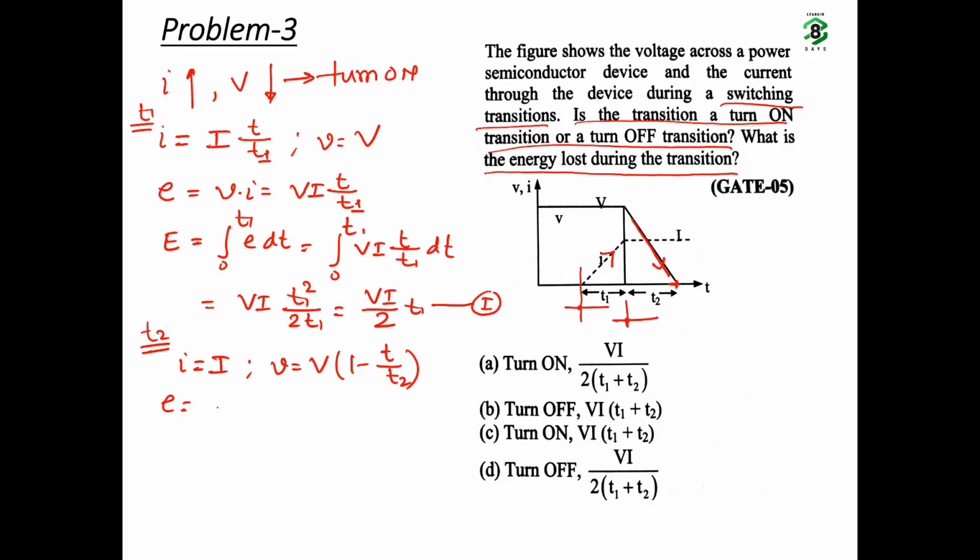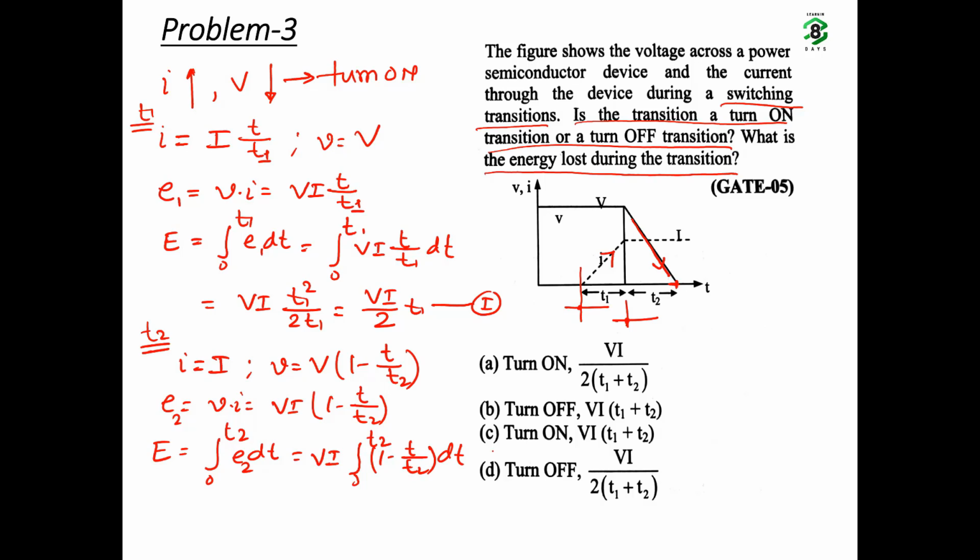So what is the energy, small e? V into I, that is V I times 1 minus t by T2. The total energy, capital E, is given as the integral from 0 to T2 of e dt. Here you consider it as E1 and here it is E2. Put the values: integral from 0 to T2 of 1 minus t by T2 dt.